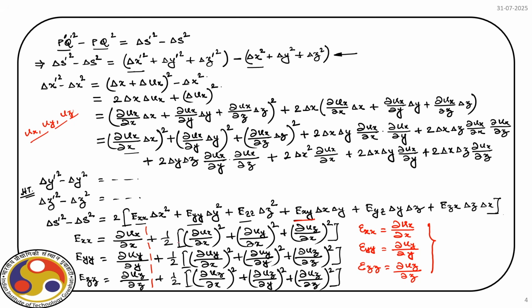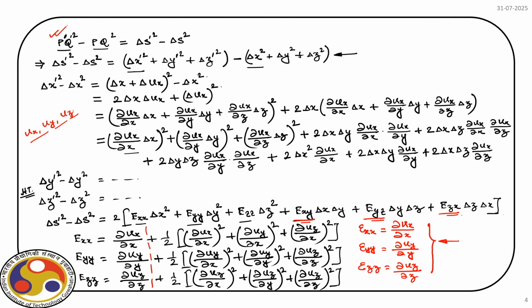We have linear as well as quadratic term. In this course, we will only consider linear term, so which is here. So, let us complete the exercise. We will consider the remaining 3, and then we will find out what is the strain developed over the length PQ.